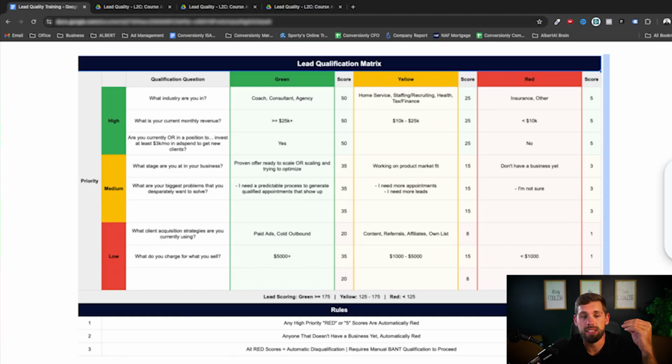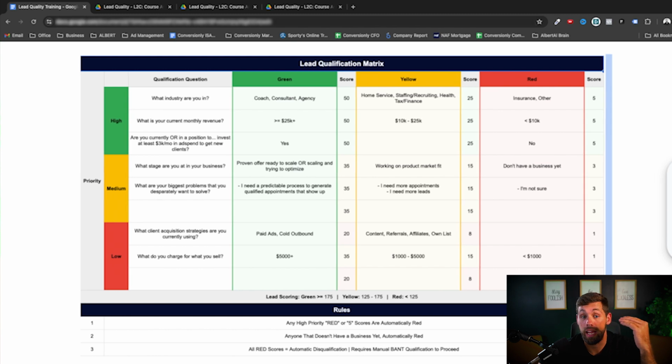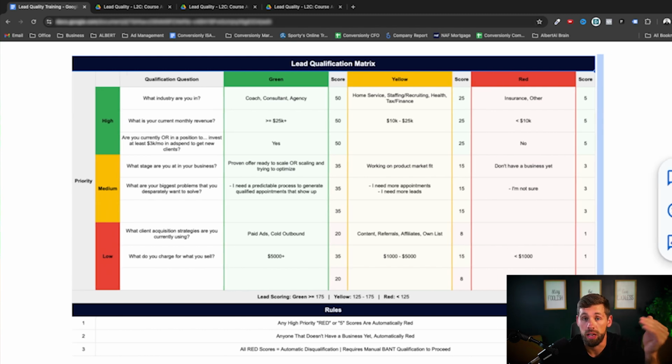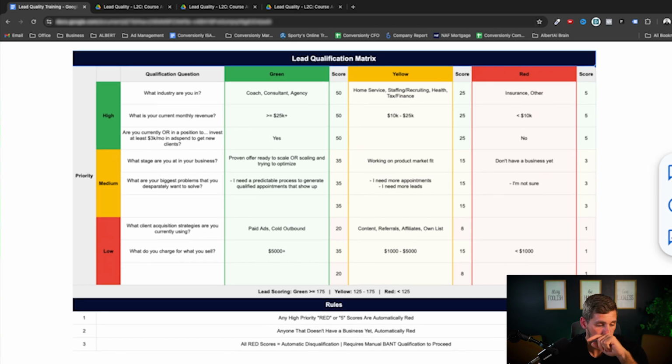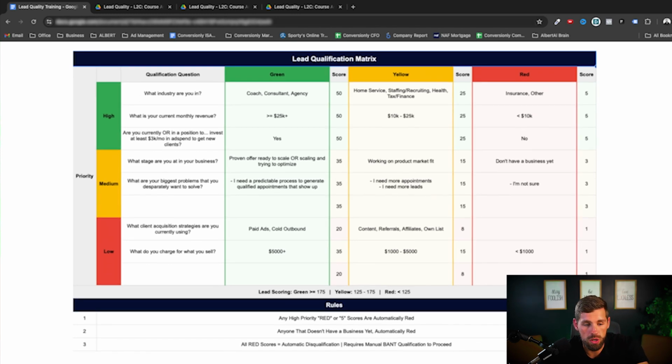So this can be a good answer, medium priority, that we don't automatically disqualify on. But based off our current calendar volume, we do automatically disqualify that. And then we have our setters follow up to do additional qualification to meet the criteria of getting on our sales team's calendar. Now, all red scores, meaning everything less than a 125, is an automatic disqualification.